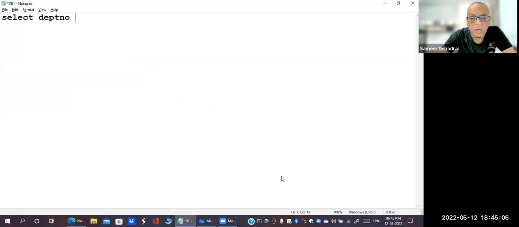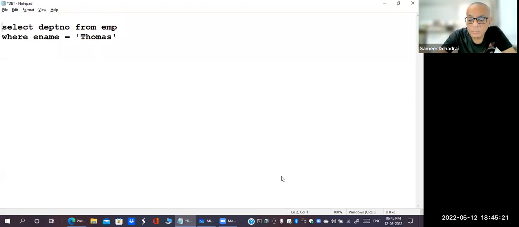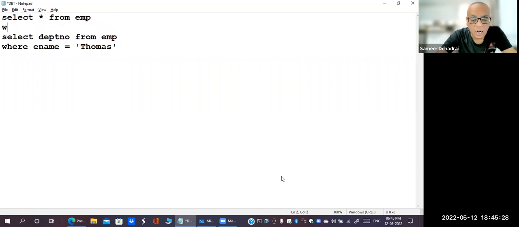So first you find out the department number of Thomas. Select department number from EMP where ename equal to Thomas will give me the department number of Thomas. Once I know it, now I can say select star from EMP where department number equal to this select statement will show me all the rows, same department number as Thomas.